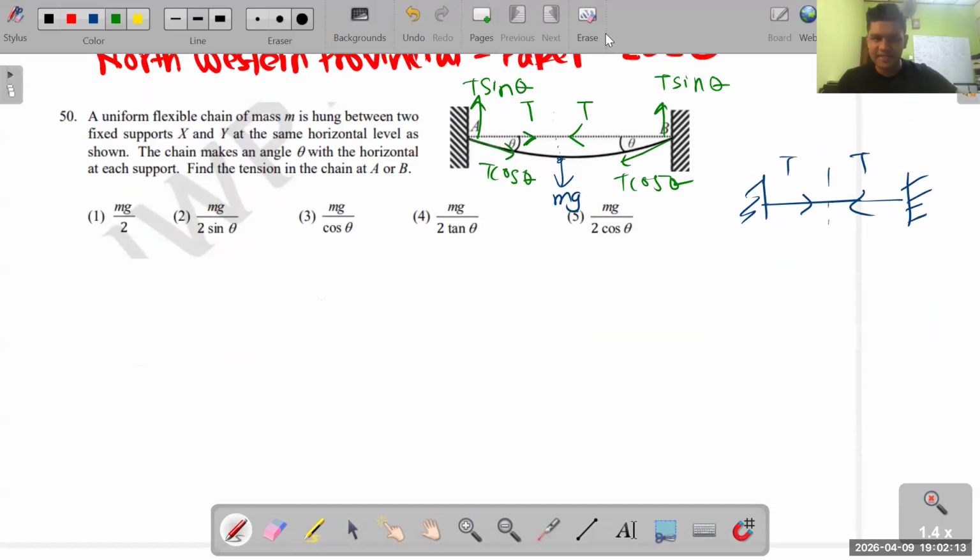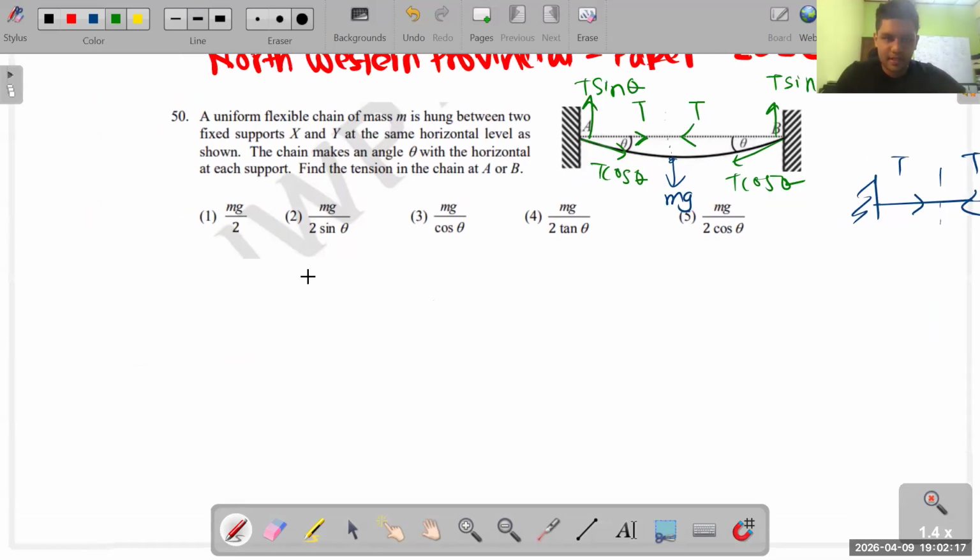Now if we take force cancelling, the sum of forces acting upward should be equal to the sum of forces acting downward when the system is in equilibrium. Listen carefully. If a system is in equilibrium, upward forces should be equal to downward forces.